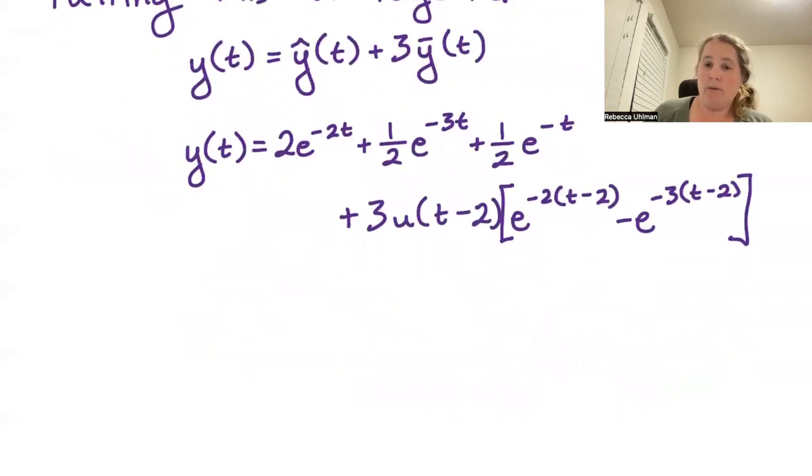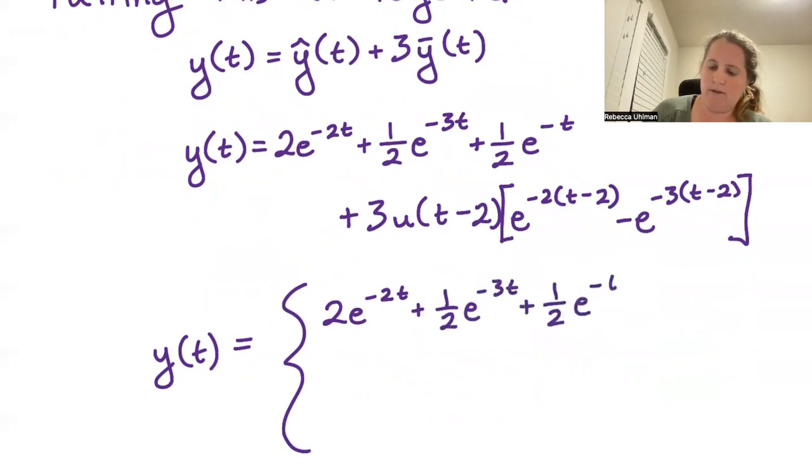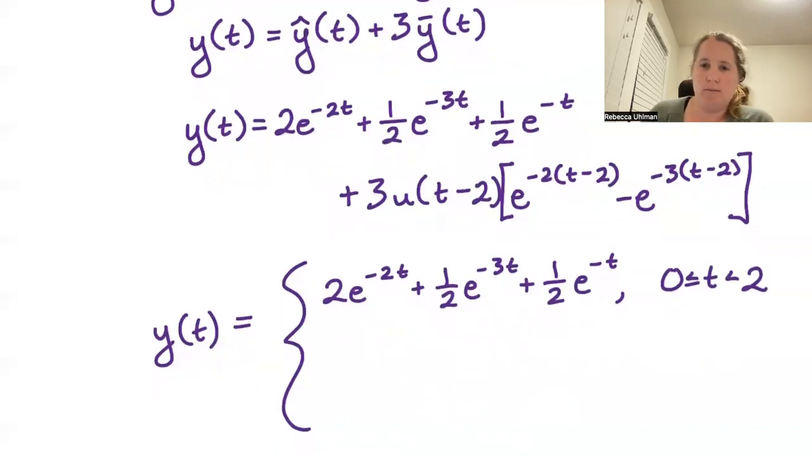If we wanted, we could write this in piecewise format. So until t equals 2, we just have that y of t is that first component, 2e to the negative 2t plus 1/2 e to the negative 3t plus 1/2 e to the negative t. This is for 0 less than or equal to t less than 2. Once we hit 2, we add on the remaining component.